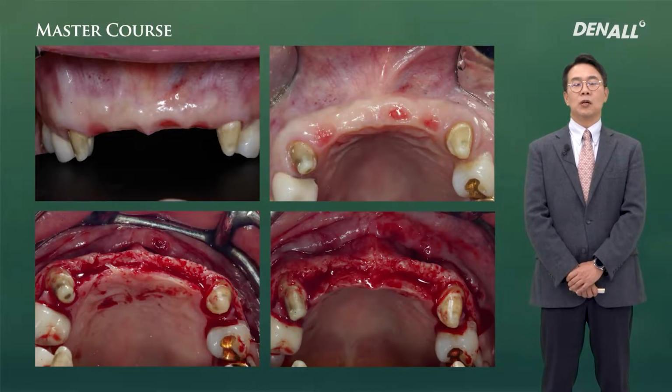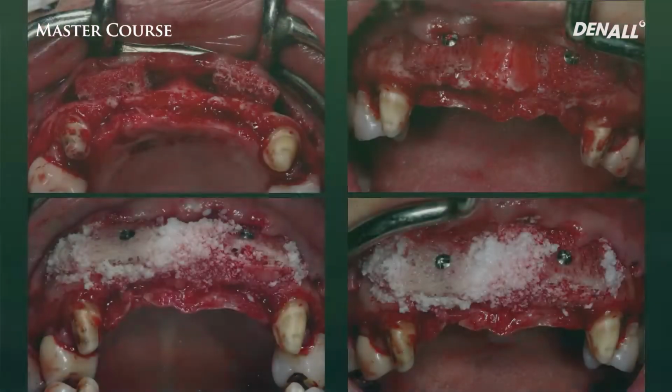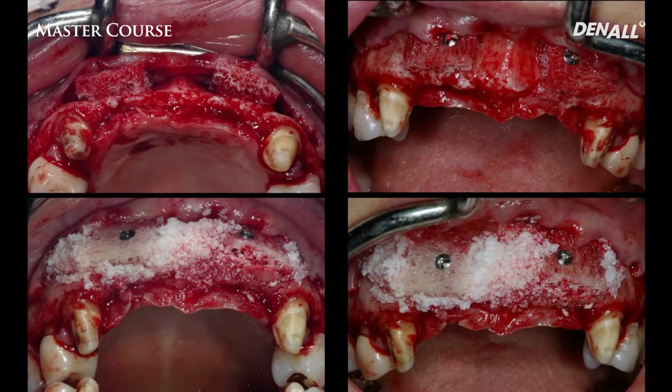The contour and the volume of the anterior region is really poor, so augmentation surgery is to be done. There's a vertical deficiency, but horizontally there's a lot of resorption. Horizontal augmentation is to be done with a block bone type allograft, which is covered by xenograft material.